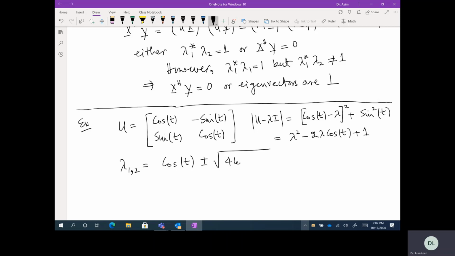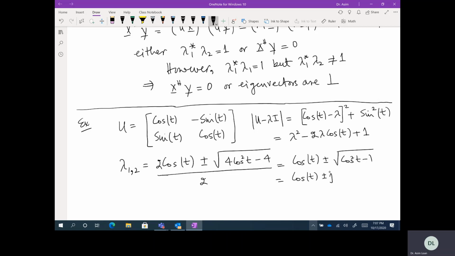This is 4 cosine squared t minus 4, divided by 2. So this 2 cancels with this 2, this 4 comes out as a 2, and this cancels. So I can write this as cosine of t plus or minus the square root of cosine squared t minus 1, which is equal to cosine of t plus or minus j.